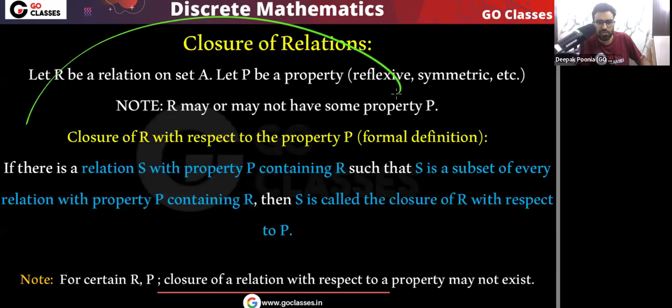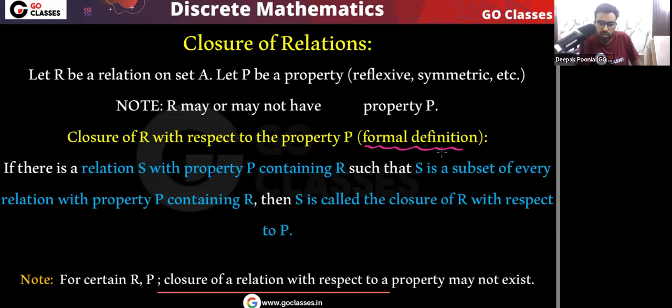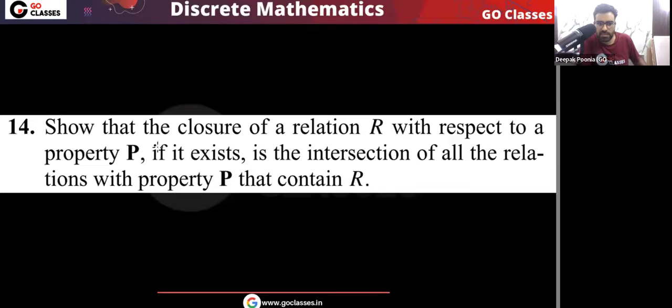We are already aware of the formal definition, yes or no? What was the formal definition? The closure of relation R with respect to property P is a new relation S with property P that contains R, such that S is a subset of every relation with property P that contains R. Then this S is called the closure of R with respect to property P. Now let's see statement 14.